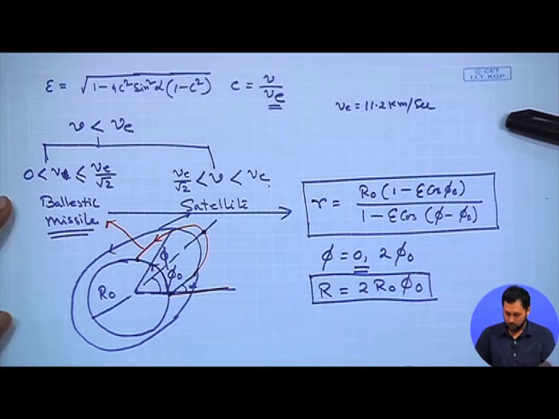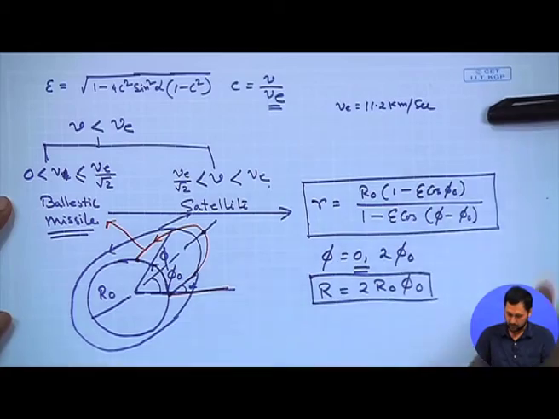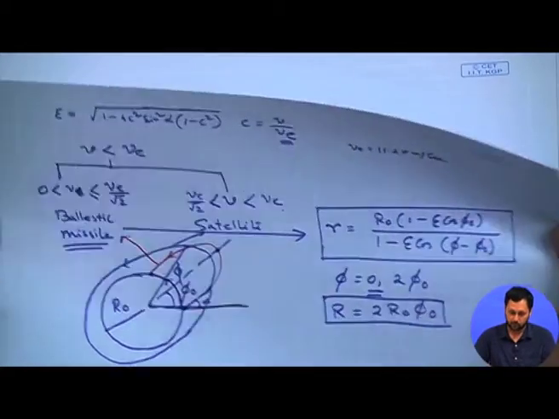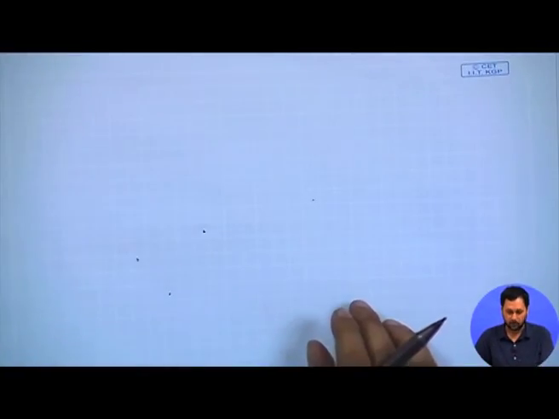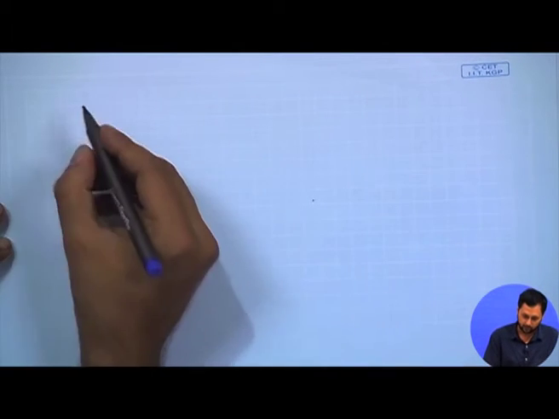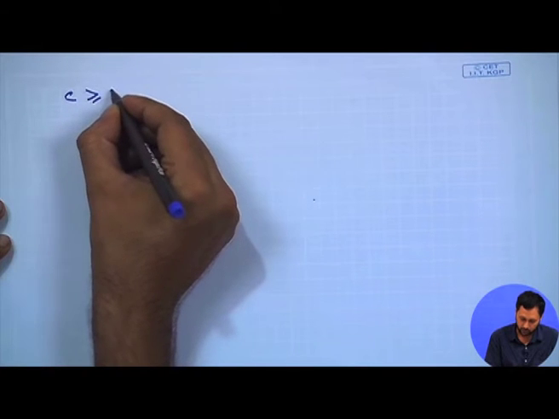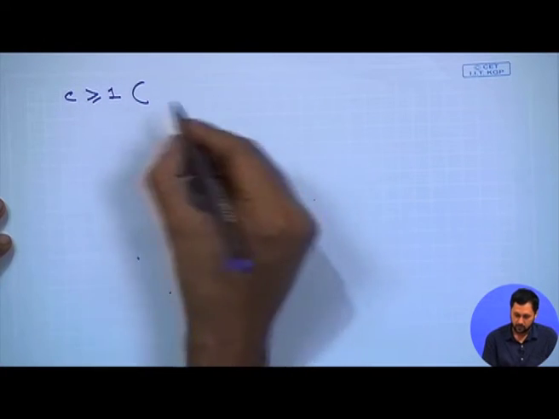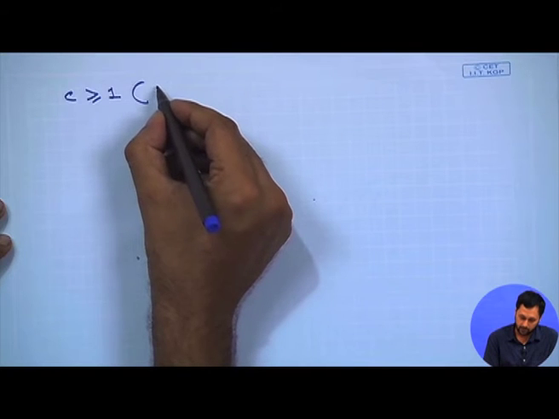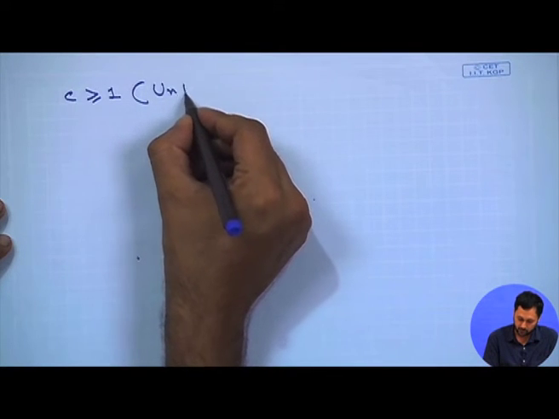Now, what happens when we have velocity equal to or greater than ve? That means we have a situation where c is greater than or equal to 1, and of course, we understand that this will lead to an unbound orbit.